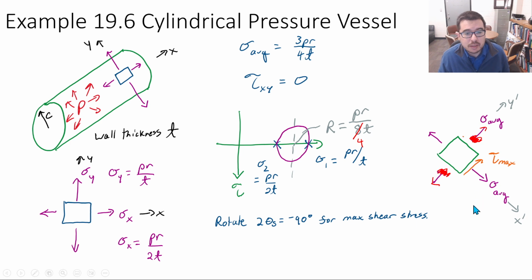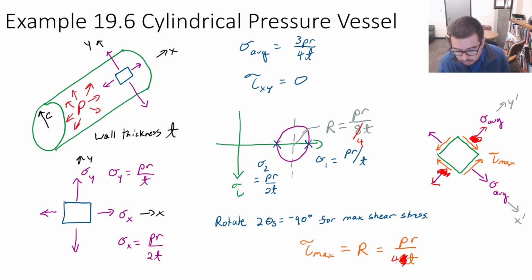So it's tau max, and that's equal to R, which is PR over 4t. I'll just rewrite it so it's more clear.